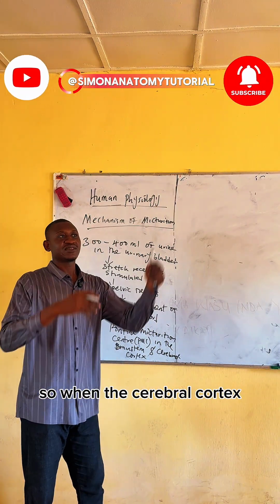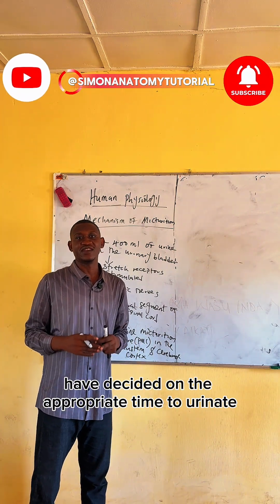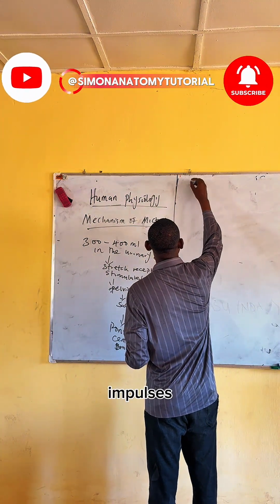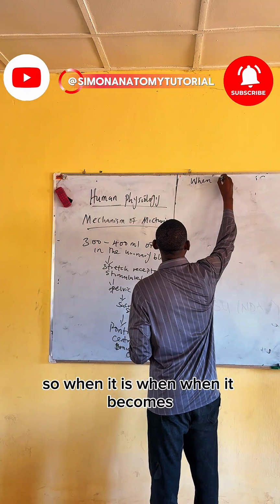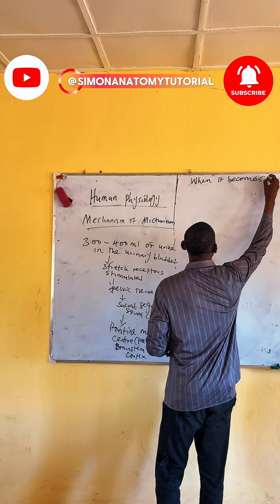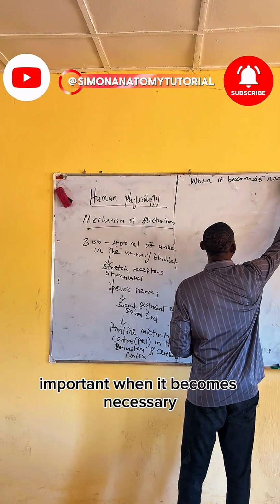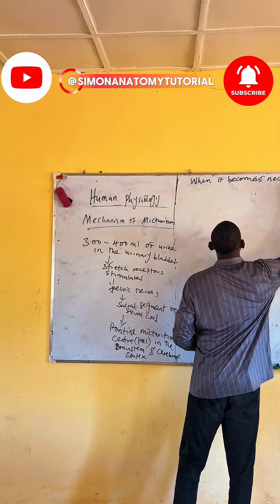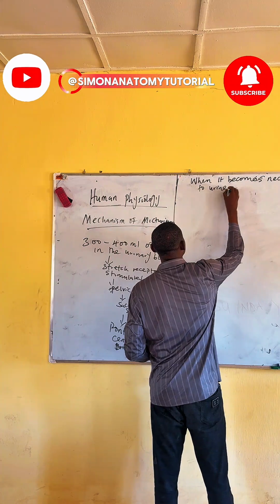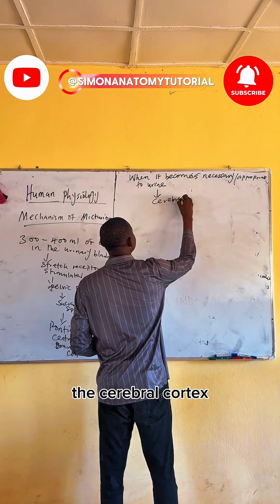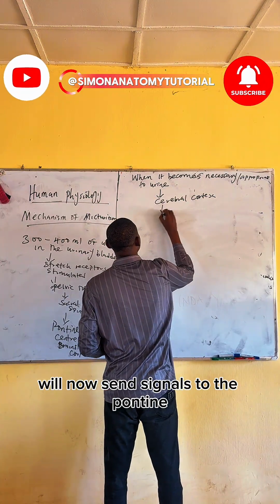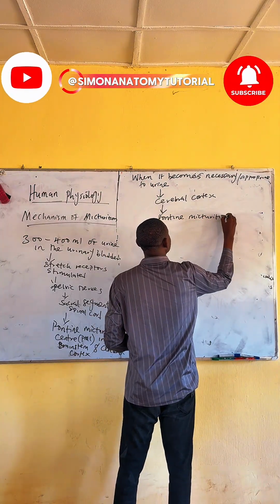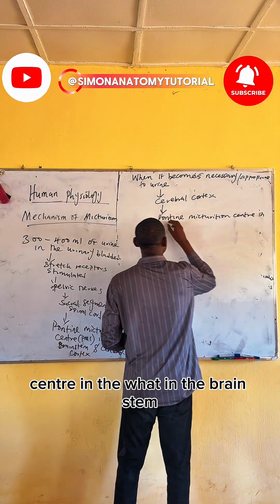So when it becomes necessary or appropriate to urinate, the cerebral cortex will send signals to the pontine micturition center in the brainstem.